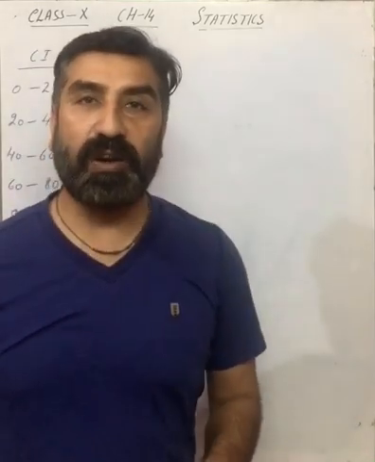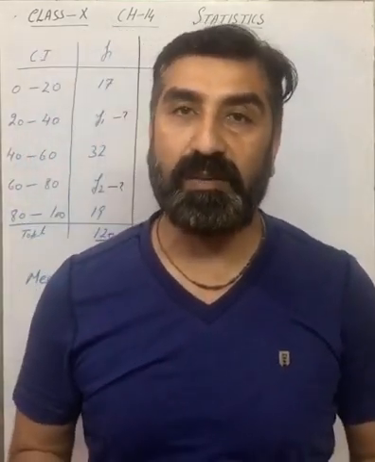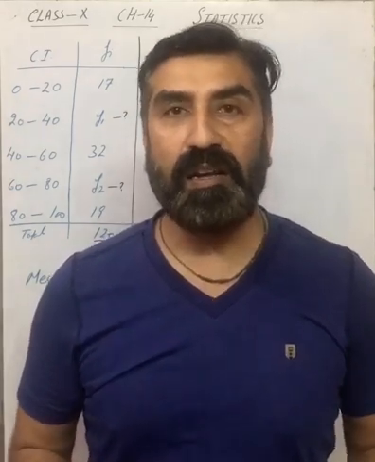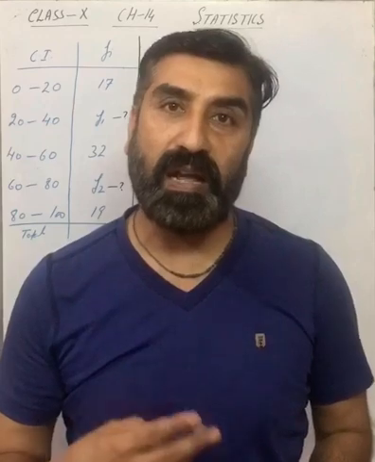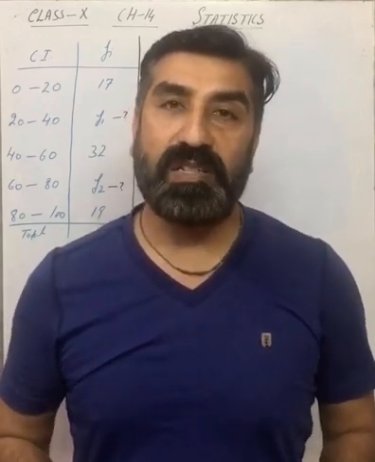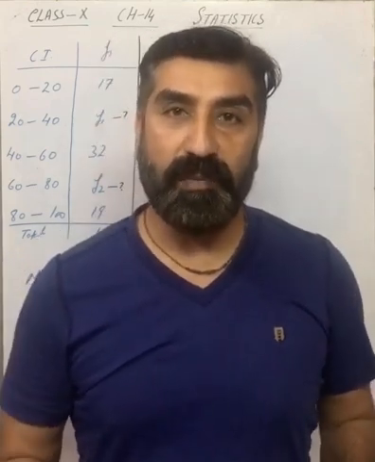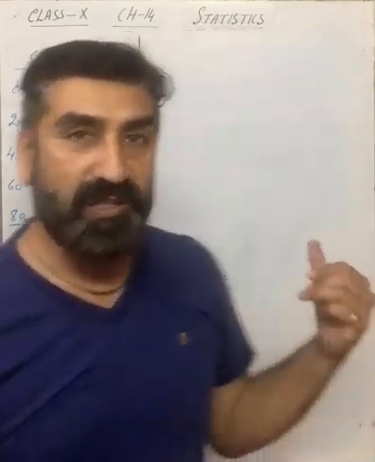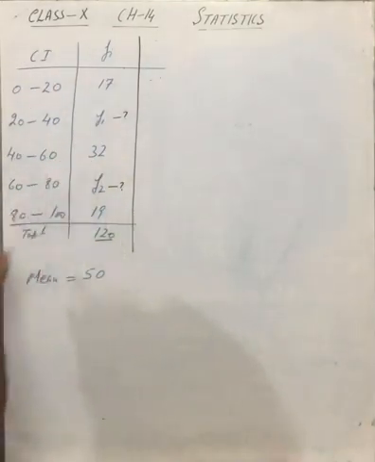Students, this is one of the most important questions of this chapter, of statistics, and this can be done in any of the three ways: direct method, assumed mean method and step deviation. But I advise you to go with step deviation, because in the step deviation method the calculation remains very easy, and you will see we'll eliminate one of these unknowns.